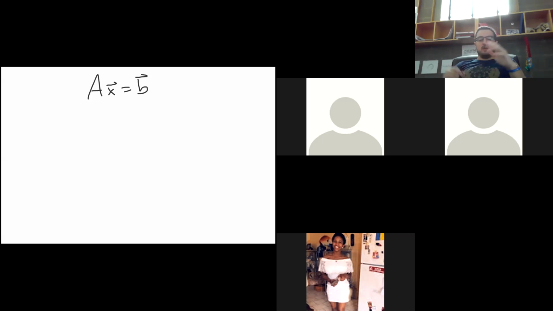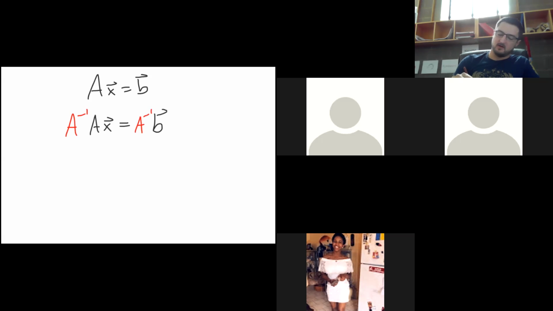So we had started at the very beginning by saying we can define inverses of matrices, right? And say, hey, if I multiply both sides of this equation by that inverse, then I can find what those solutions are. Because any matrix A multiplied by its inverse gives me the identity.